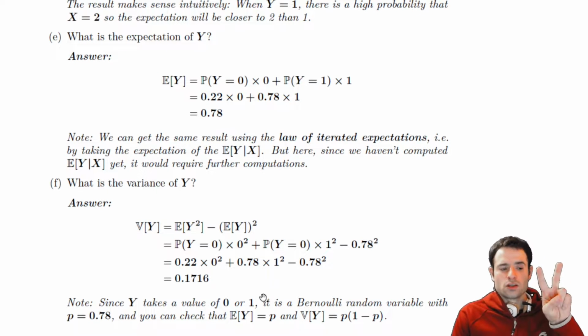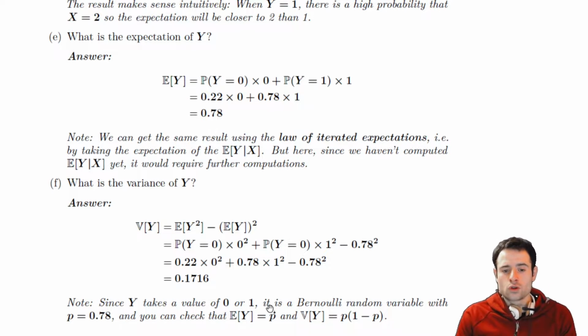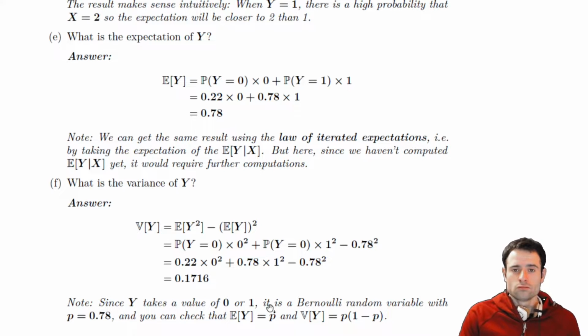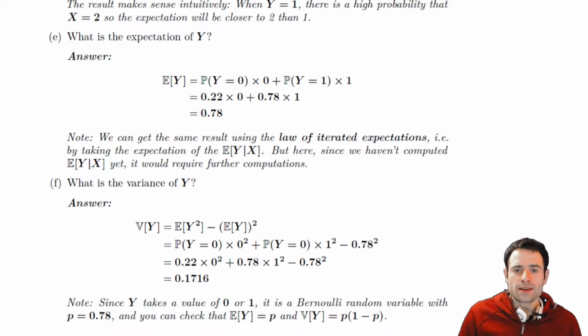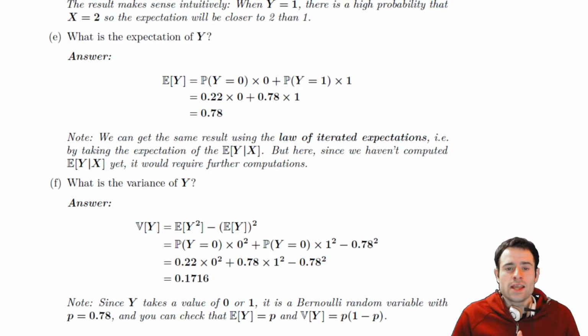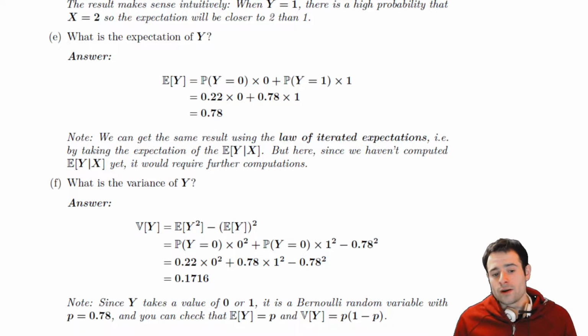Two other ways to check your results here. The other way is to use the first formula. We have everything to get it done, and feel free to do it. It's always good to have extra practice. Or, again, you can use the fact that y is a Bernoulli random variable.